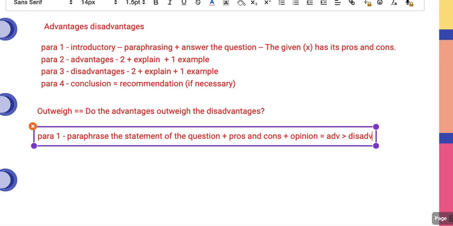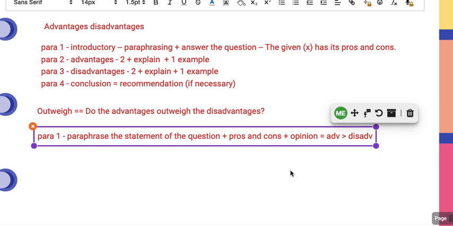You have to clearly mention, although there are positives and negatives of the given situation, however I feel, or although there are positives and negatives, I feel the merits outnumber the drawbacks. So you have to clearly mention your opinion right in the first para.